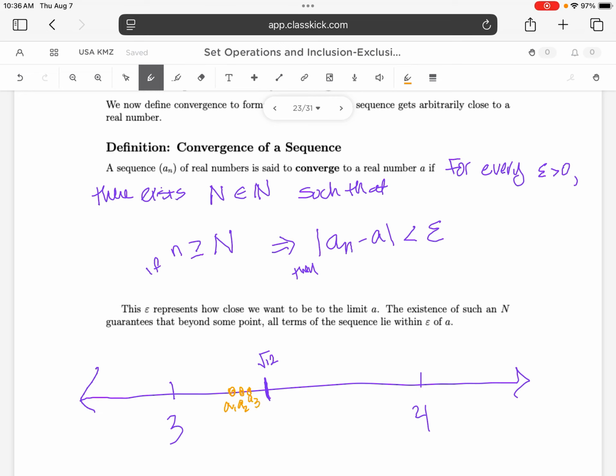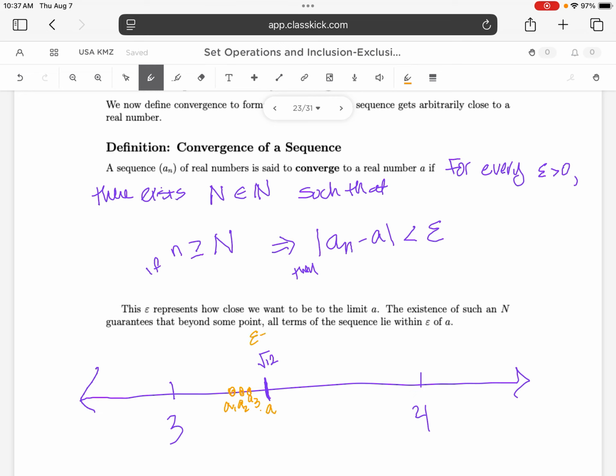Then what this definition is saying is that I can choose a teeny tiny value of epsilon, maybe something as small as 0.001. And this says that I can find an index, an a sub something, so that all of the values of my sequence after that are within 0.001 of my target number, the square root of 12, right, of my a.